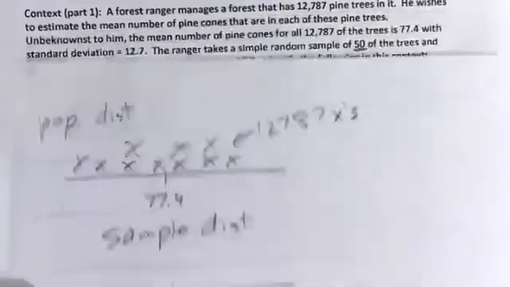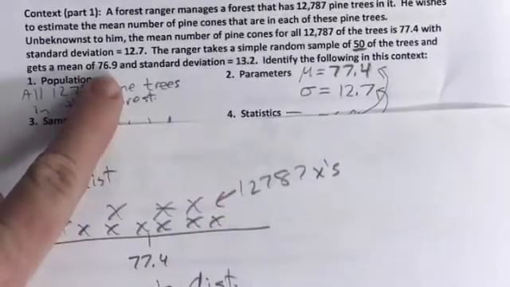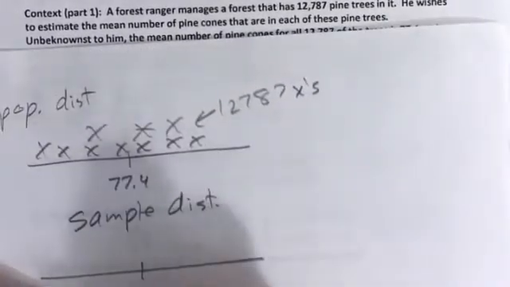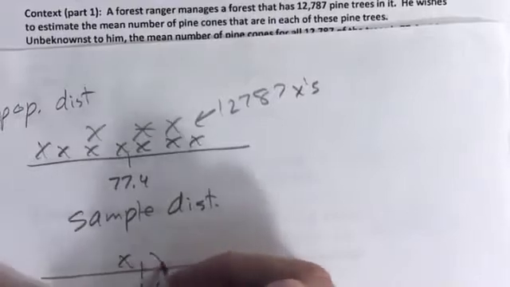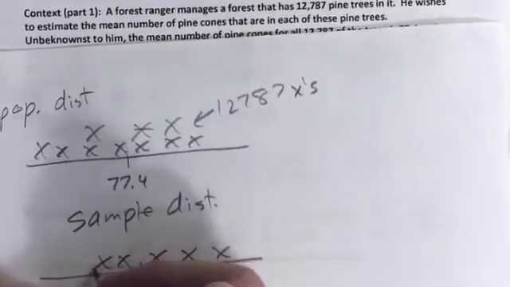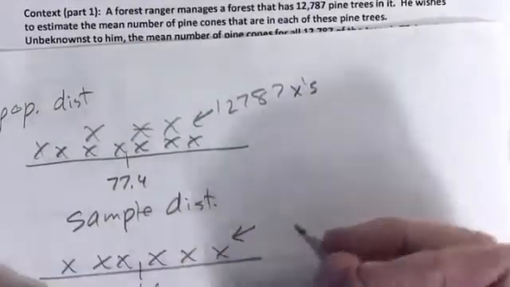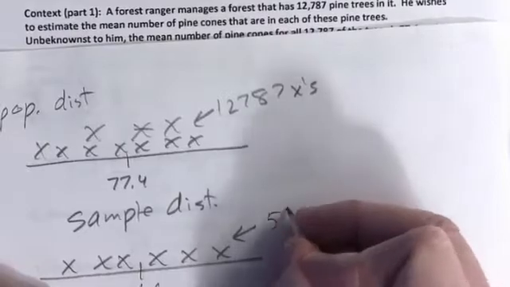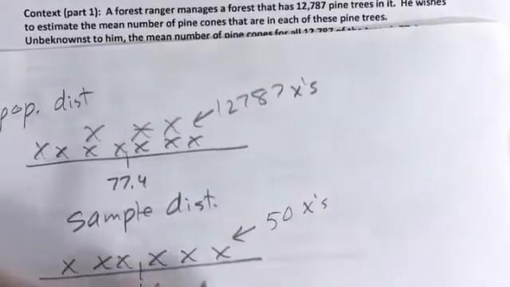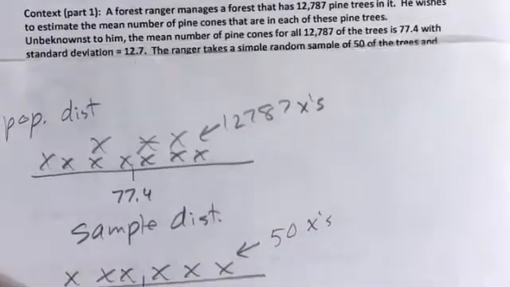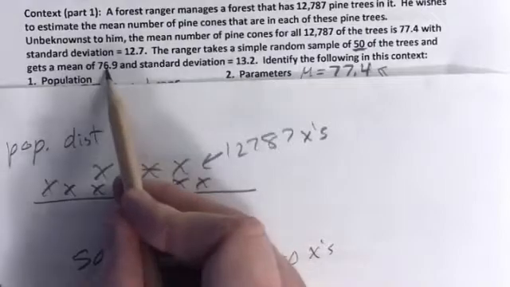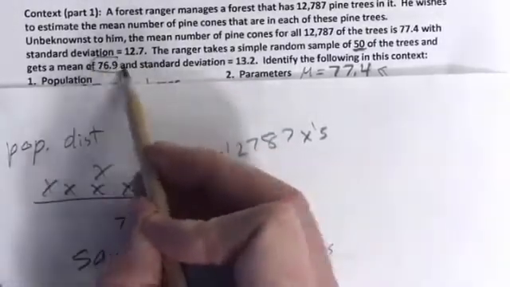Their mean is 76.9, so they are centered around 76.9. You have a bunch of X's, not X bars, 50 X's in our sample. That's our sample distribution. Our sampling distribution is every value X bar can take. There's one of them.